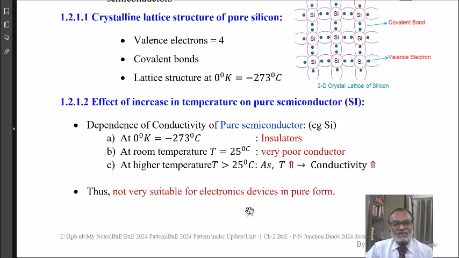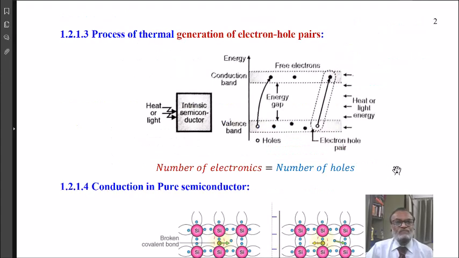The pure form of the semiconductor is not suitable to make the devices because its conductivity is low. Here the figure is showing the generation of free electron hole pairs when the thermal energy is applied.